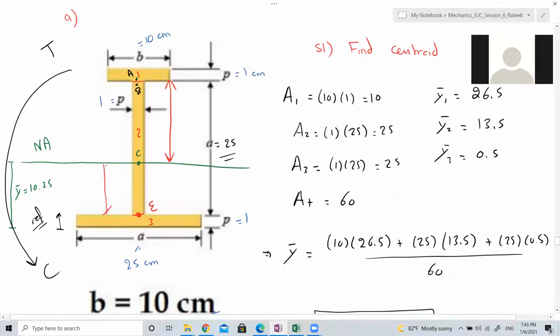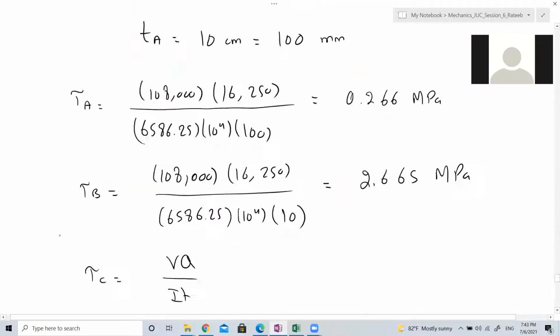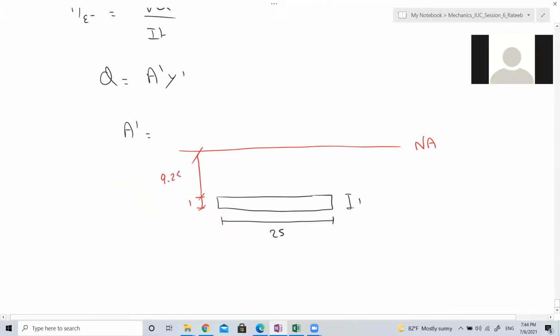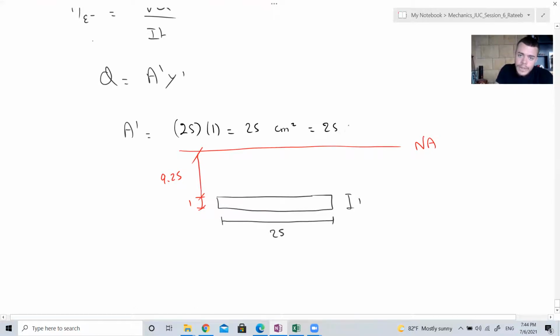No, careful, it's 9.25, because the 10 is from here, from the reference. So this one is 9. So area prime is 25 times 1, which is 25 centimeters squared, which is 25 times 10 to the power 2 millimeters squared. What's Y prime?